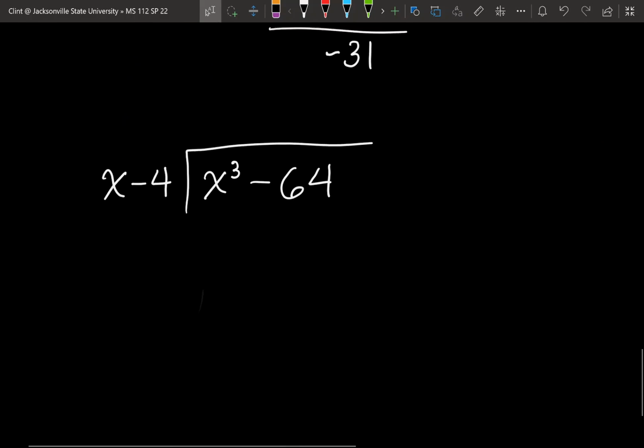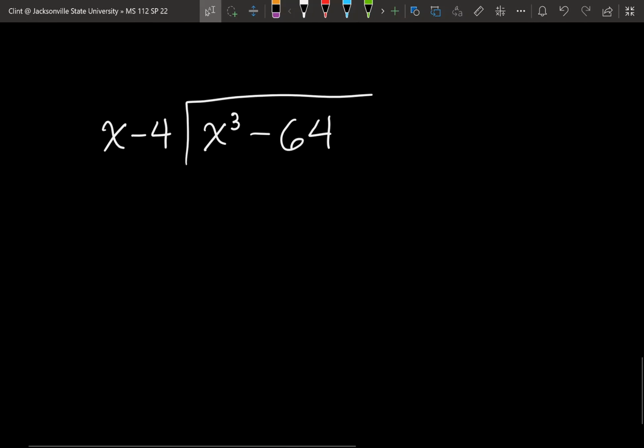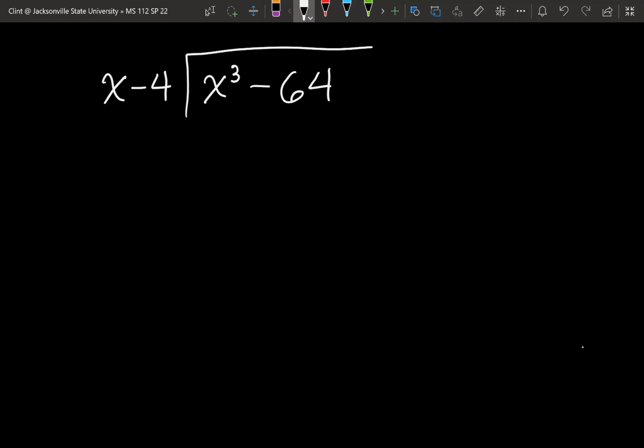That makes everything line up the way we need it to. Here we got x to the third. We're missing an x squared. We're missing an x to the first, and then we've got the x to the 0th, or the no x term. So before we can really do this division, what we need to do is put in some placeholders where we're missing some x terms.